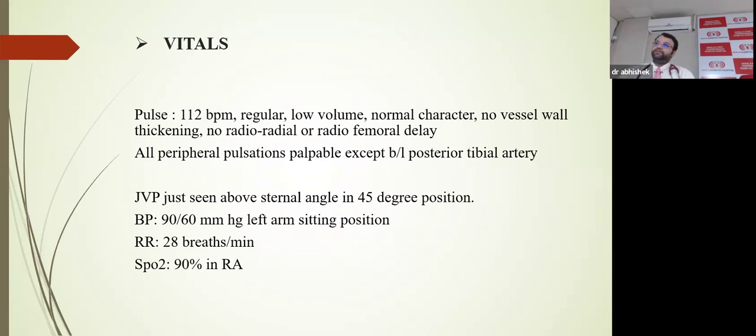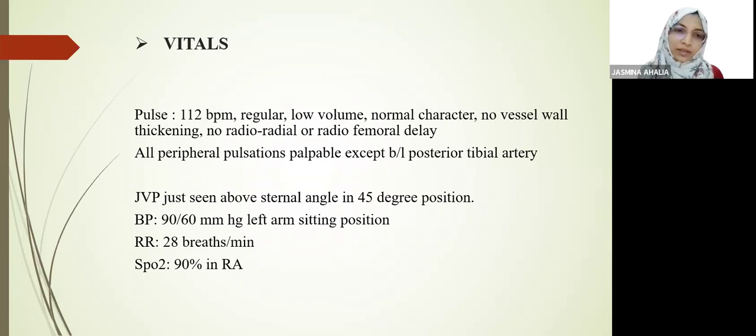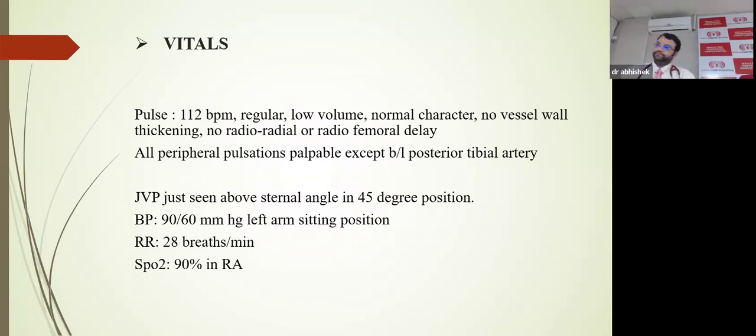The Valsalva maneuver is a very important diagnostic tool for diagnosing autonomic neuropathy. Okay, yes. Right. So the tilt table test also assesses autonomic dysfunction, right, sir? Yes, tilt table test is also very good.